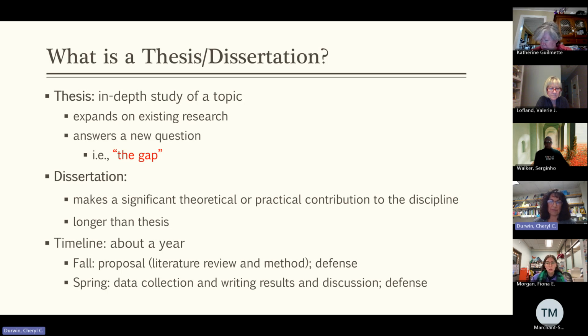And then you're preparing for your thesis proposal defense in the spring semester or your second semester for the thesis or the actual dissertation, data collection in some respects, and writing up the results and discussion, typically chapters 3 and 4, although chapters are sometimes organized differently by different disciplines, and then preparing for your defense.